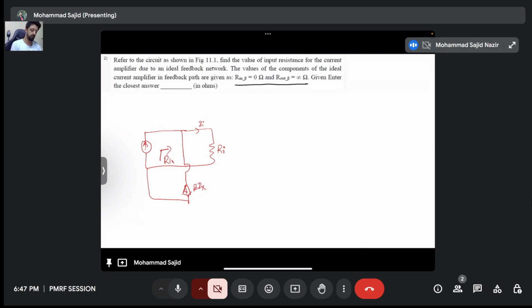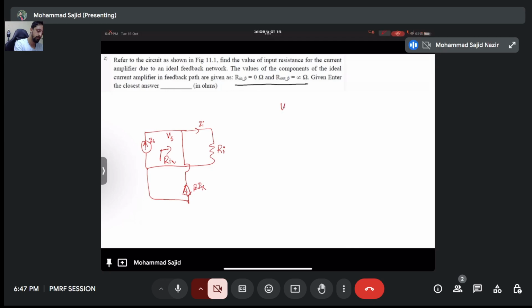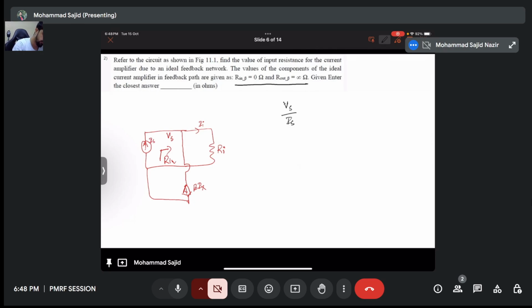We need to find this resistance. This is Is, and I have a voltage of Vs here. So I need to find Vs by Is.